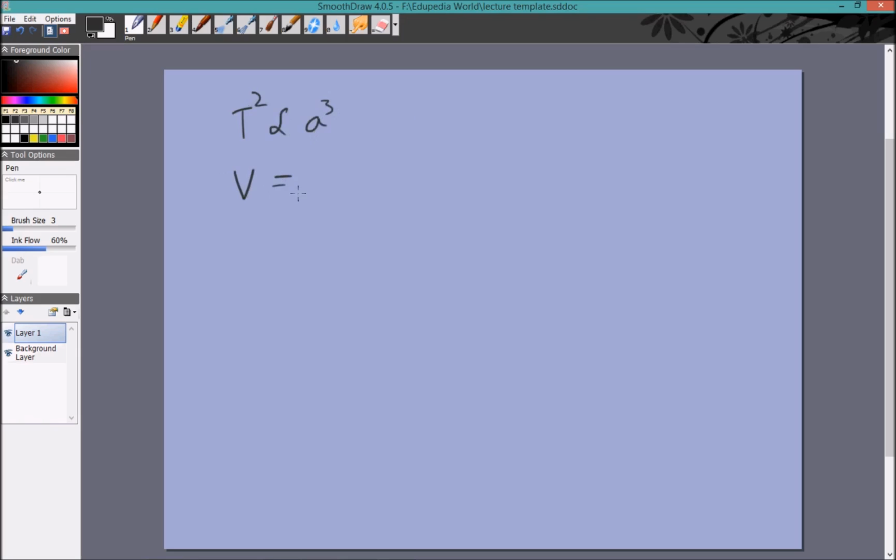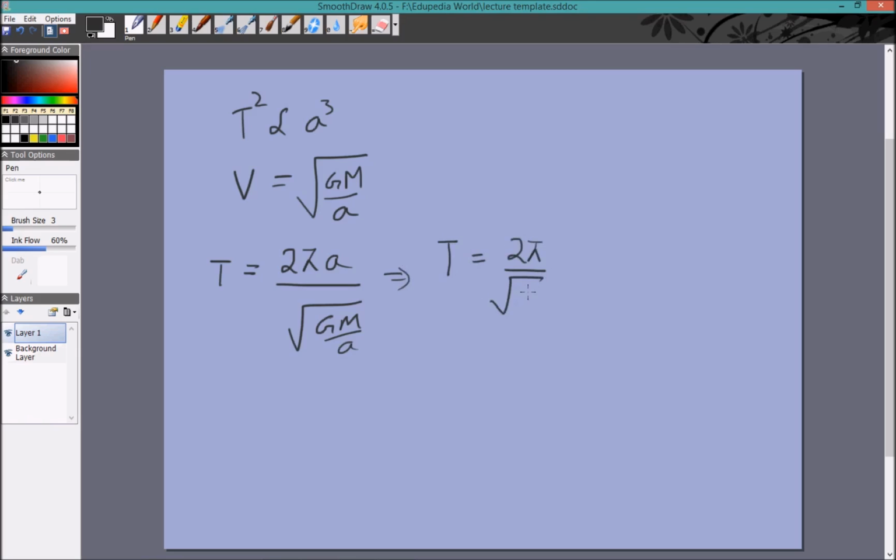We know v is equal to root of GM by a. T will be the total time taken. That will be simply 2 pi a, that is the circumference, divided by the speed. The speed is root of GM by a. So this gives me the total time period is equal to 2 pi by root of GM times a to the power 3 by 2, or it gives me T squared is equal to 4 pi squared by GM times a cube.